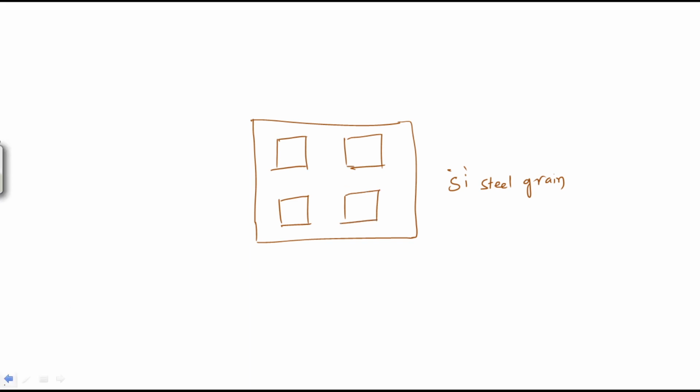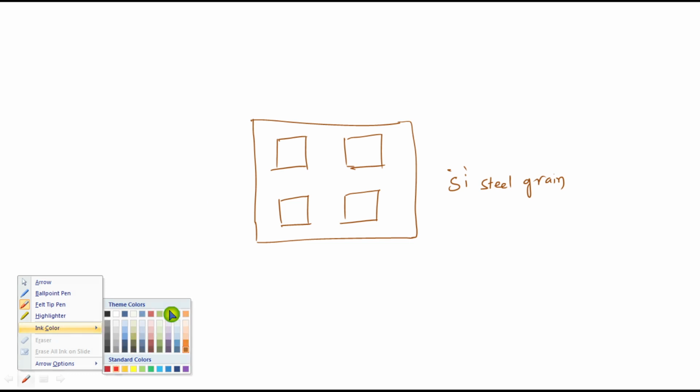So this is the silicon steel grain. Due to the heating arrangement, all the grains are distributed in the same manner, right? What is the direction of application of magnetization?